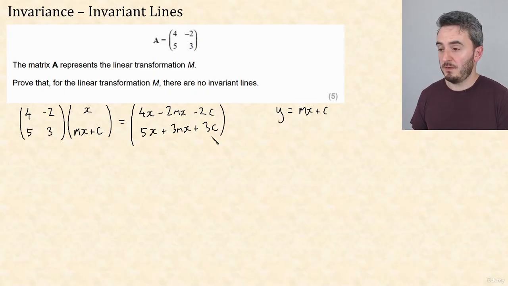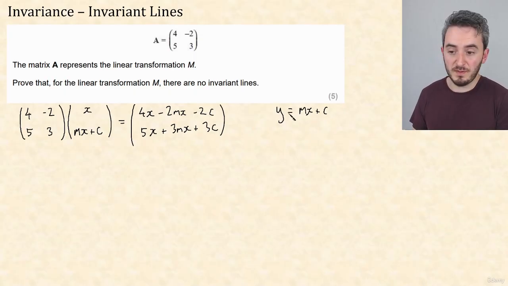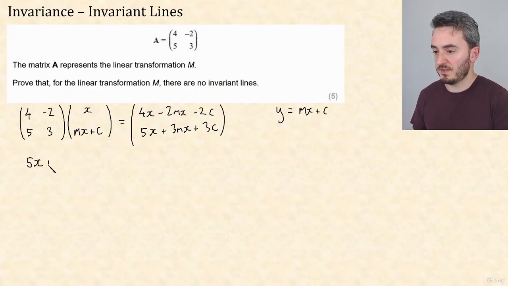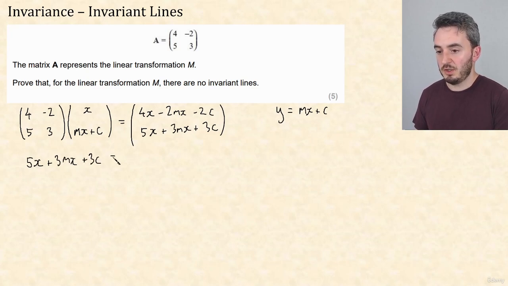So if this is an invariant line, this coordinate should be consistent with this line. That is, the new y value, 5x plus 3mx plus 3c, should equal m times the new x value, m times 4x minus 2mx minus 2c, plus c.